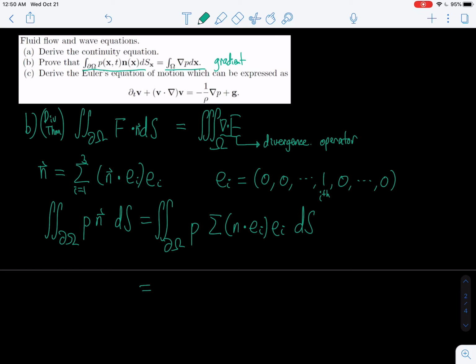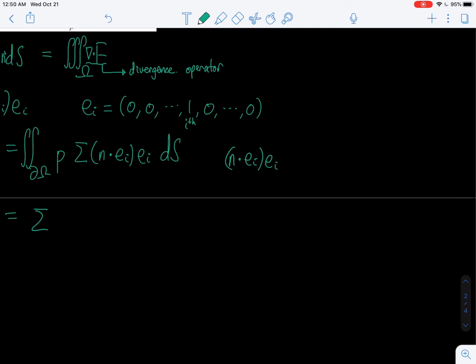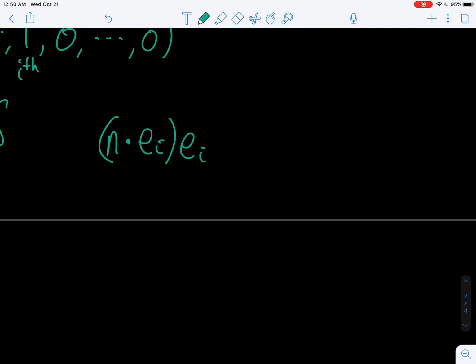And by linearity, we're going to get, okay, also, I think we need to notice what n dot ei times ei is. Let's pretend n is a vector n1, n2, n3.